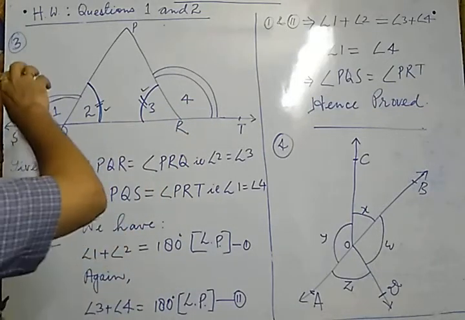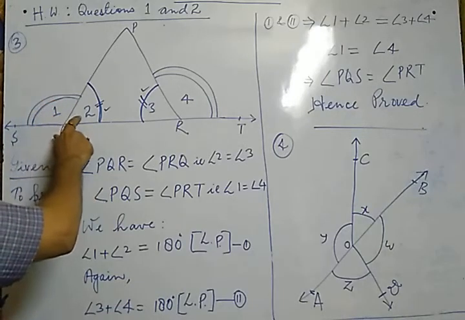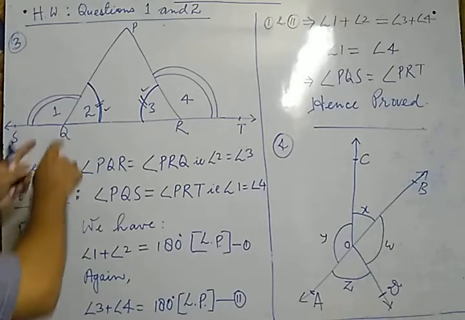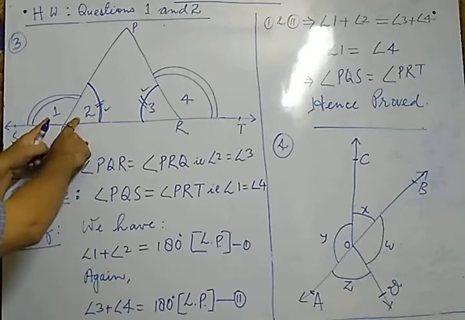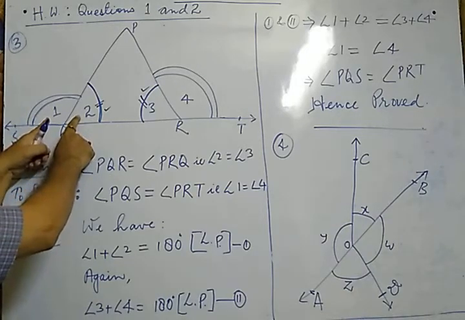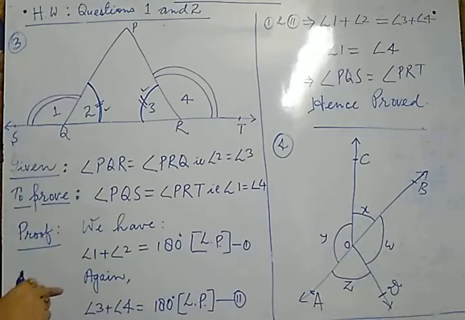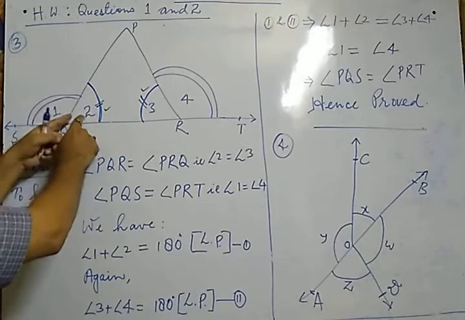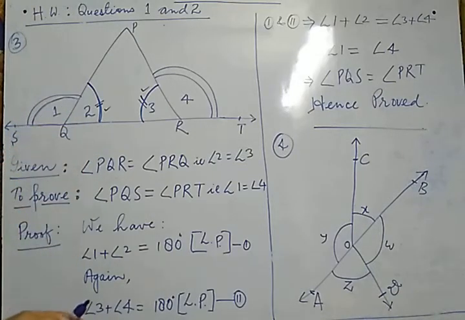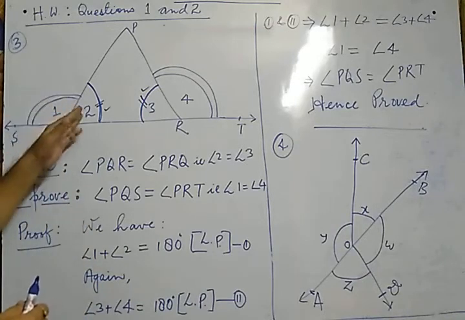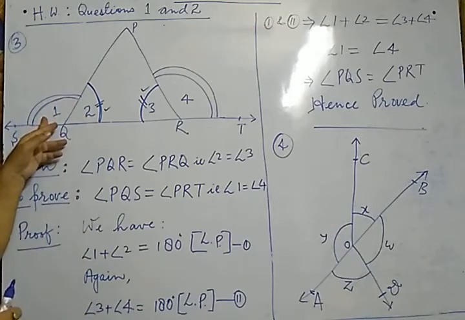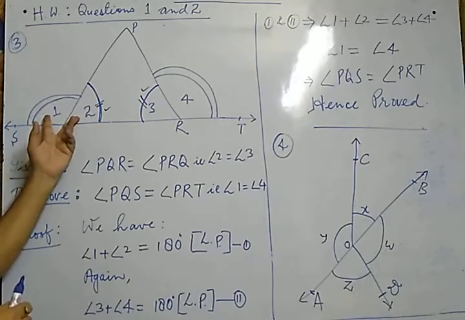Firstly, we observe these two angles, because they are connected here. These angles are adjacent angles, and one thing more: angles 1 and 2 form a linear pair. As you remember, the property of linear pair: adjacent angles whose sum is 180 degrees, that is supplementary, are known as a linear pair.